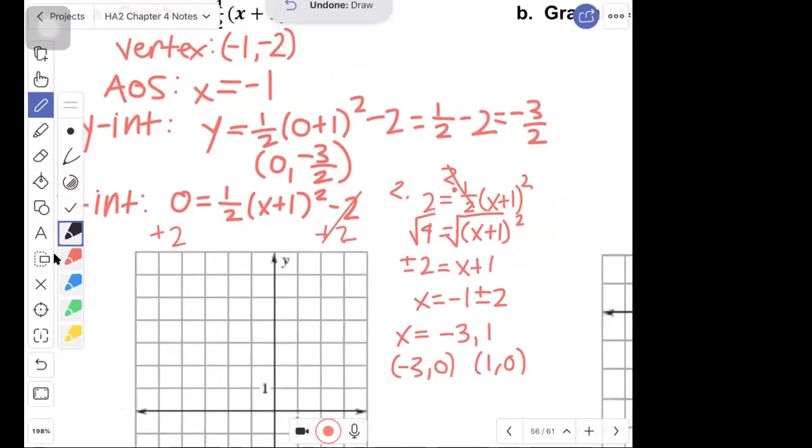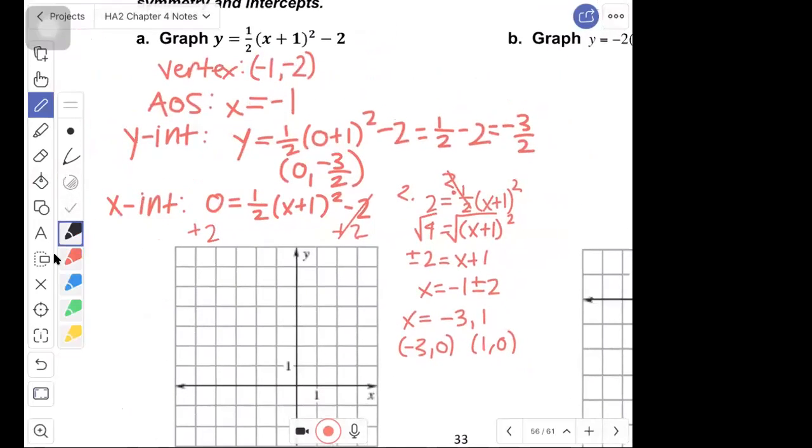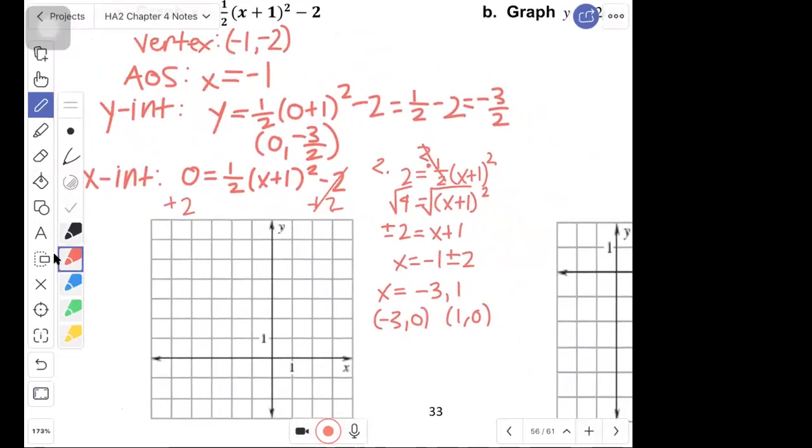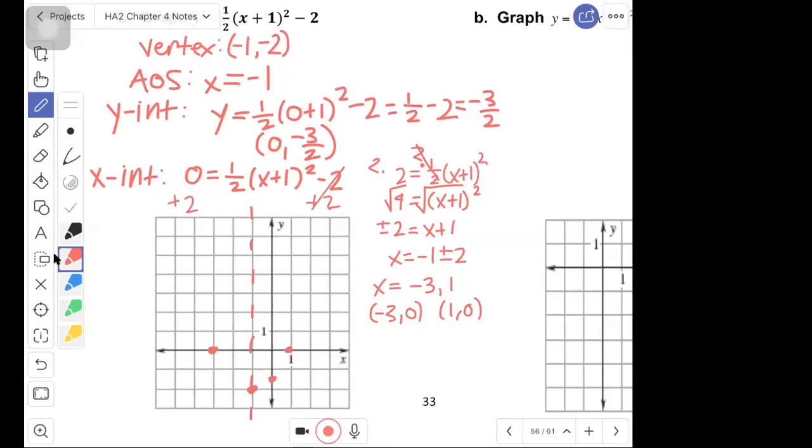All right, so now we have all the parts of this graph and we can go ahead and plot them all. So go ahead, we have our axis of symmetry, vertex, and intercepts. You would get these points from the values that we just solved for.